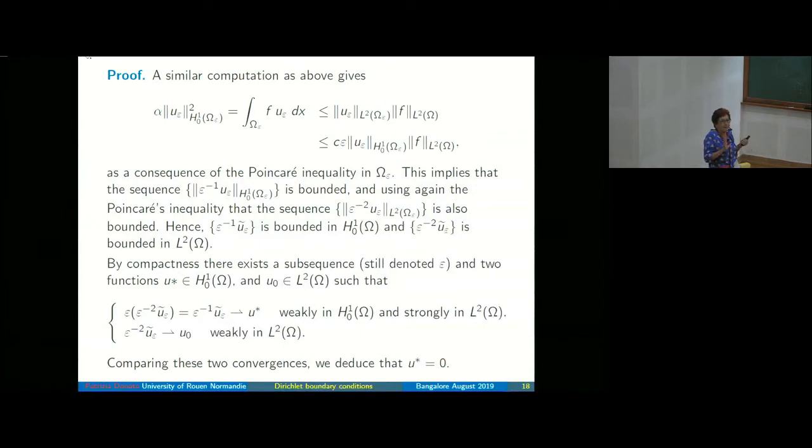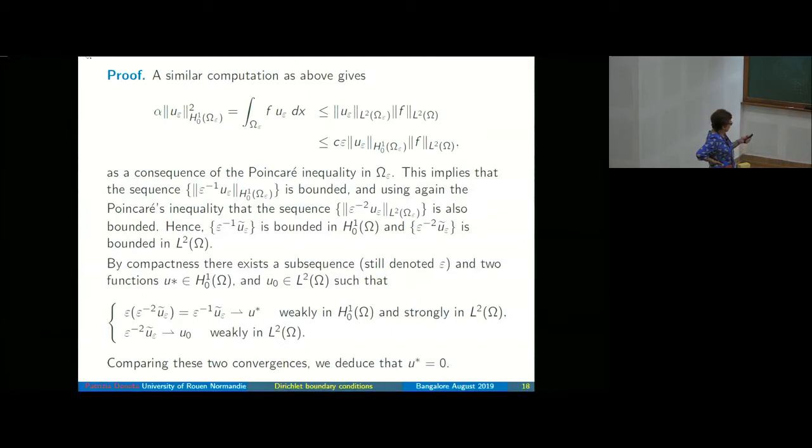So for the moment we stay in the perforated domain for the estimate. Then we can estimate this by a constant times epsilon, the norm of u epsilon times f. Simplifying with the square, we get that the norm of u epsilon is smaller than epsilon times f, so that epsilon minus 1 norm of u epsilon in H10 of omega epsilon is bounded.